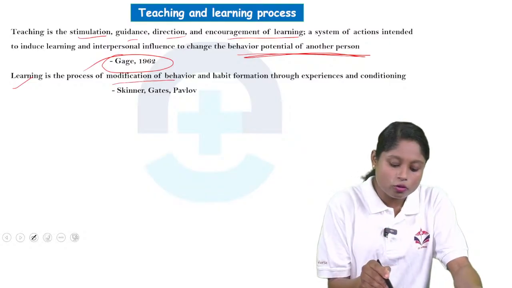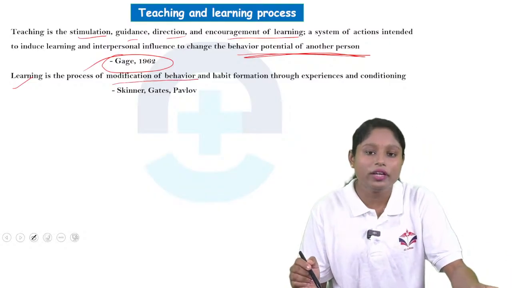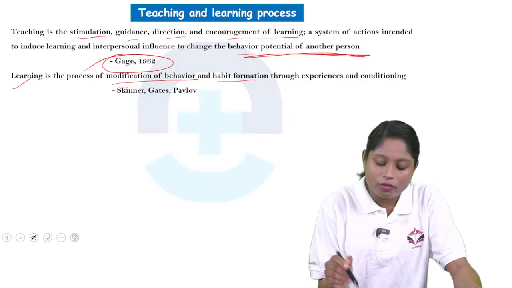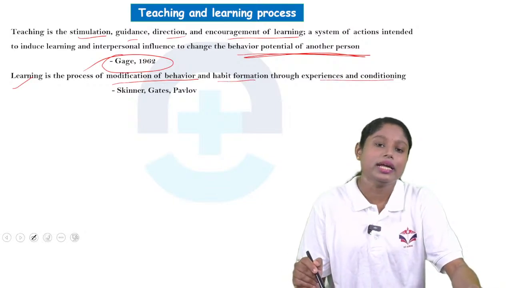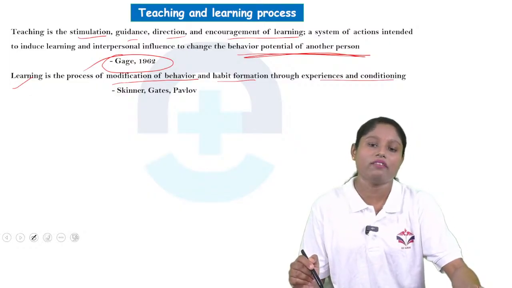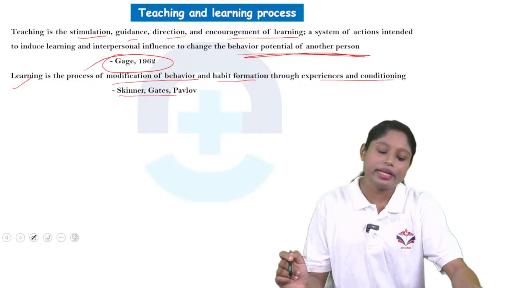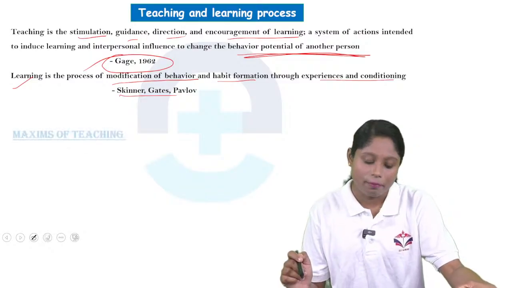Learning is the process of modification of behavior, habit formation through experiences and conditioning. So through experiences and conditioning, the modification of behavior, that is what is called learning. This is by Skinner, Gates and Pavlov. So this is the definition of the teaching and learning process.